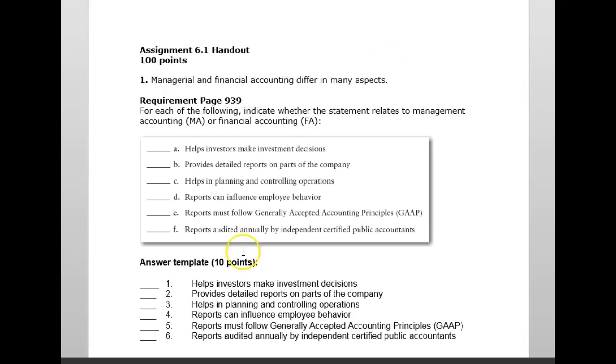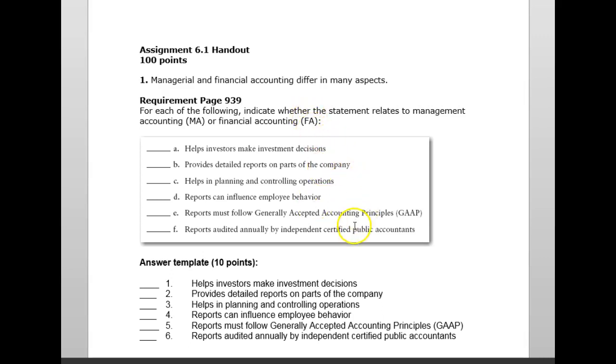So we're going to start off with doing a comparison here so that you can decide which is managerial and which is financial. And you'll find most of that information on page 939 of the book. To begin with, it helps investors make investment decisions. Well, that's going to be financial accounting.